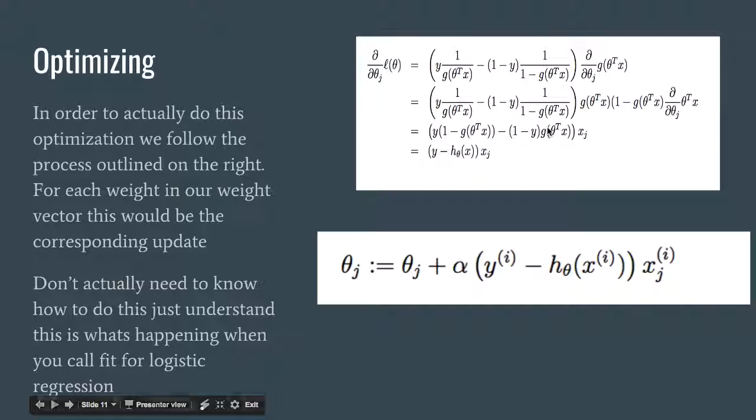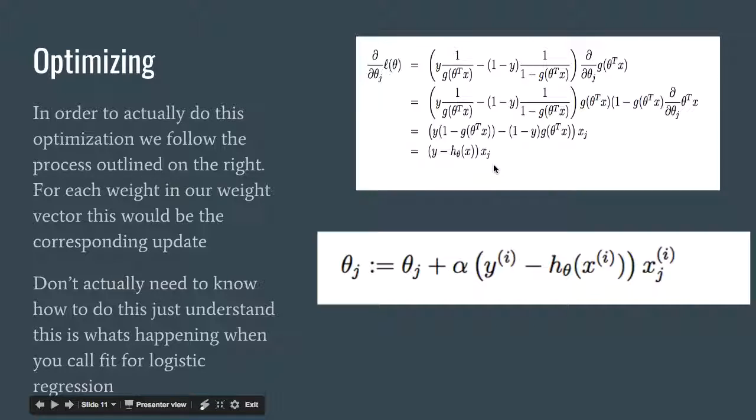If I remember correctly, the derivative of the sigmoid function, sigma prime of x, is equal to sigma of x times 1 minus sigma of x.